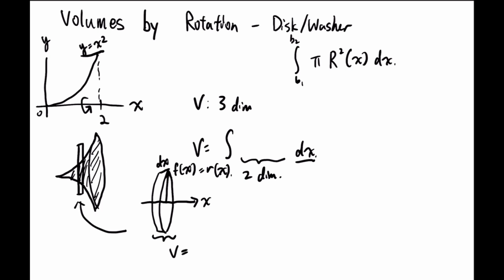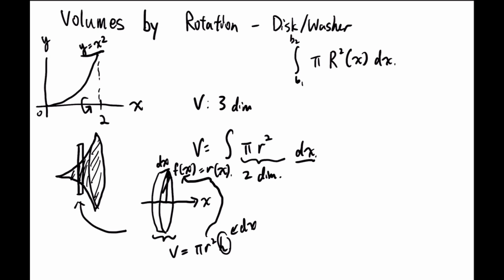So the volume of a cylinder would be pi r squared h, right? So the h is your dx. The radius, we already said, is your function, and pi is a constant, so we have everything we need. Just as a reminder, our integrand is a two-dimensional value.